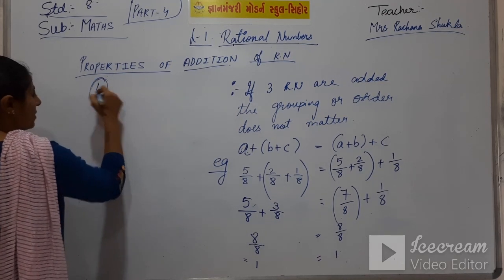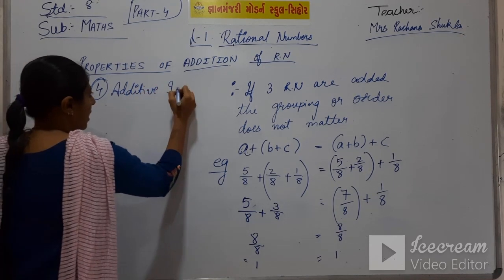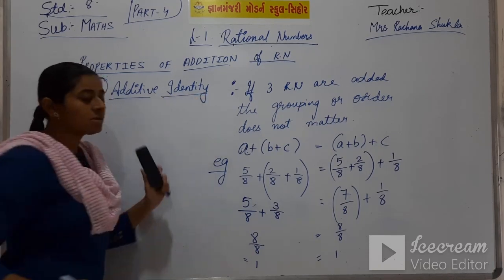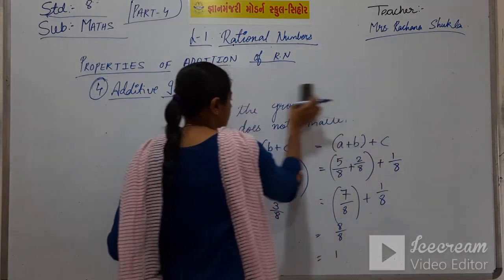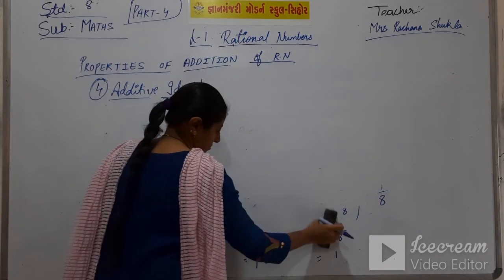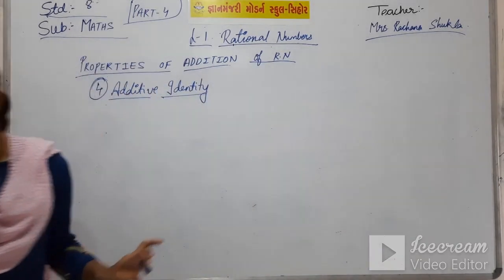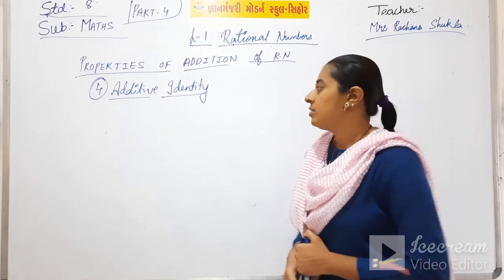The fourth property is additive identity. What is the fourth property? Additive identity. What do you mean by additive identity?